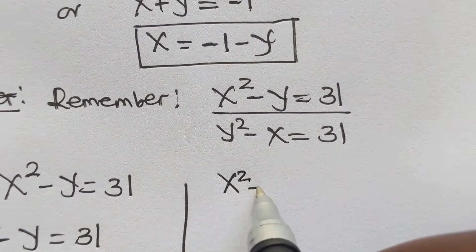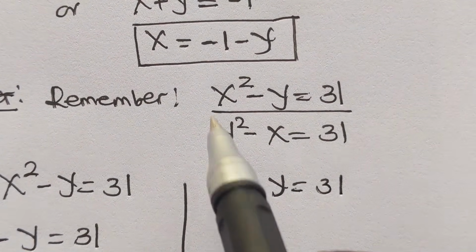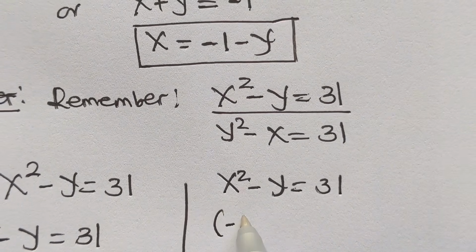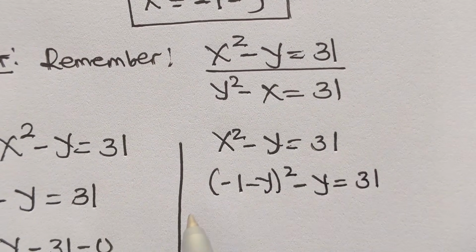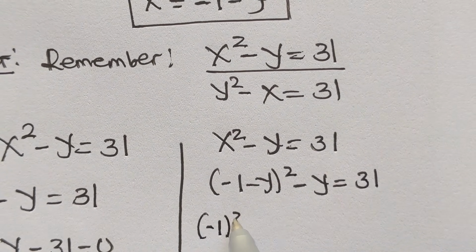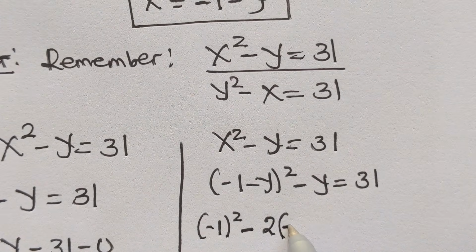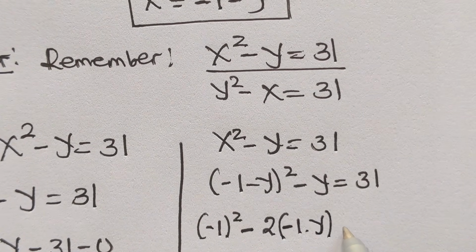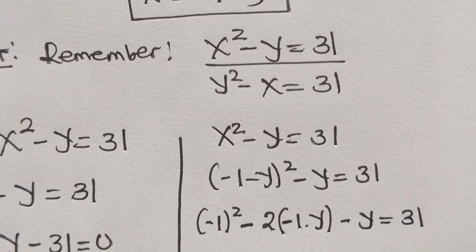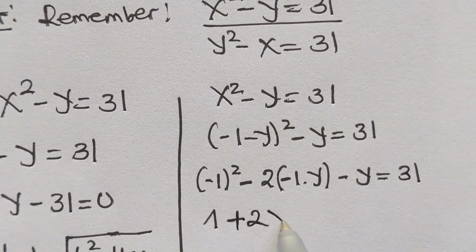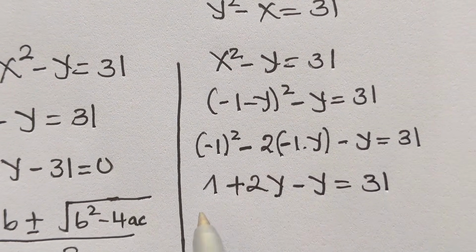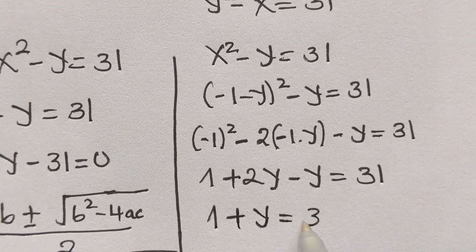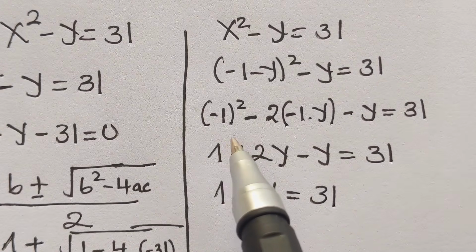So we have (negative 1 minus y) squared minus y equals 31, and of course this will be 1 plus 2y minus y, which is equal to 31. So we have 1 plus y equals 31.